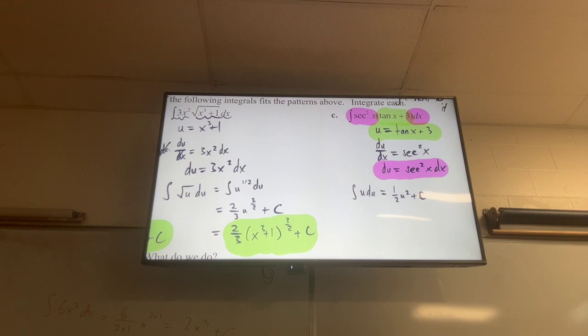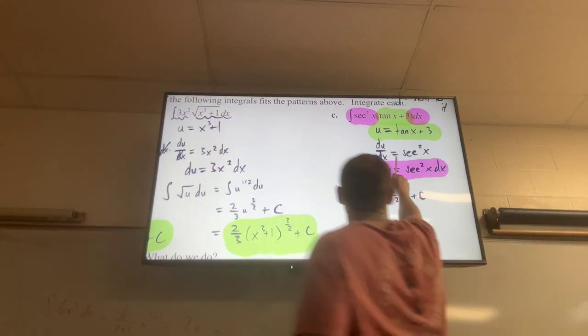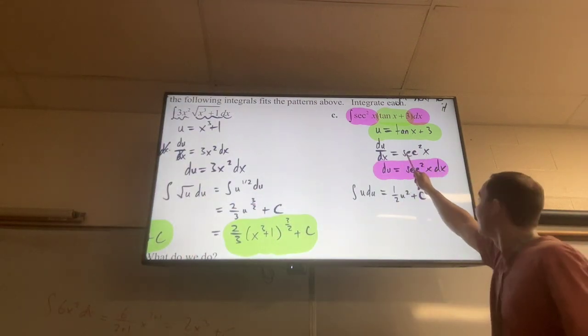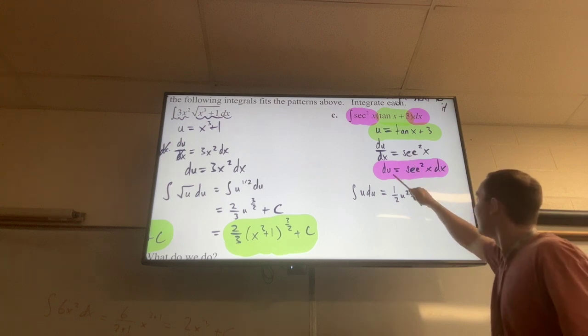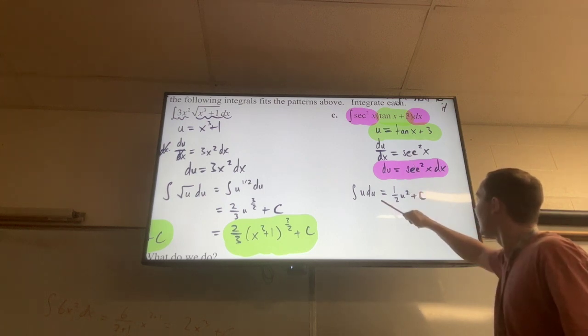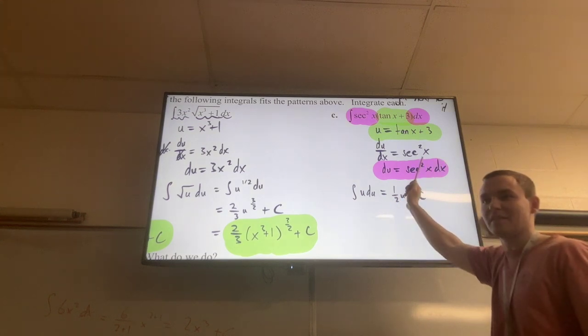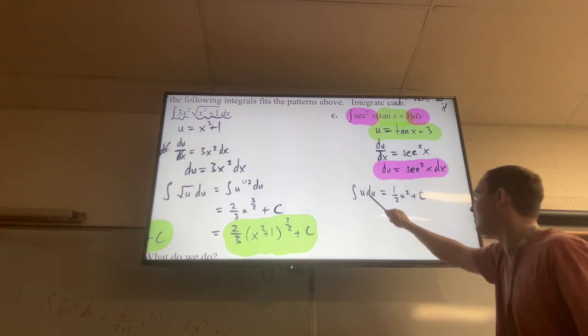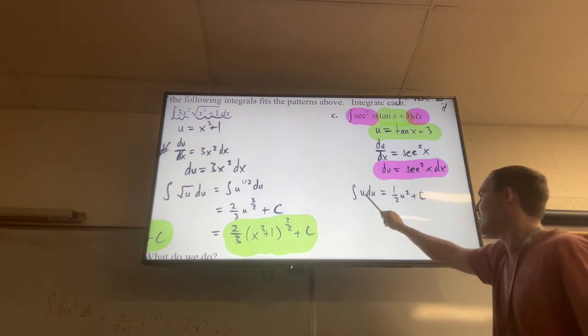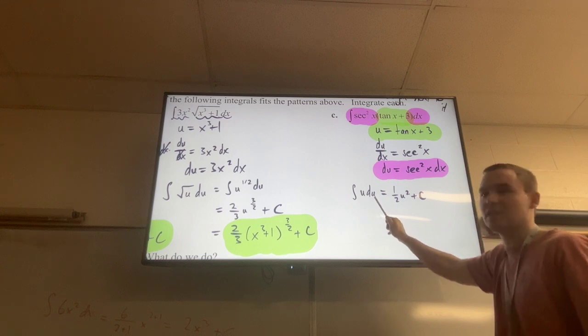What about the du? Where does the du come from? Where's the derivative? It's right here: du/dx equals secant squared of x. Then when I do the antiderivative, the du just goes away. This is just a notation thing. Du means you're integrating what's in here with respect to u.